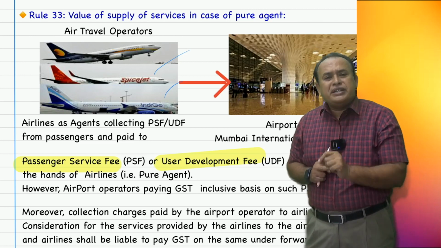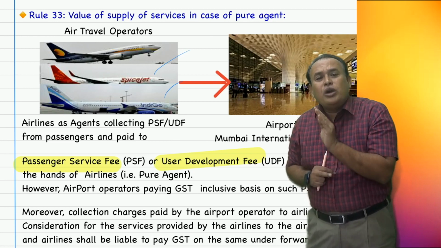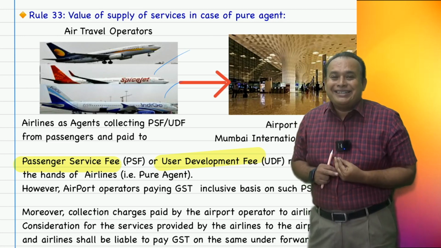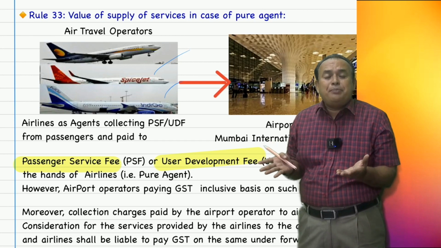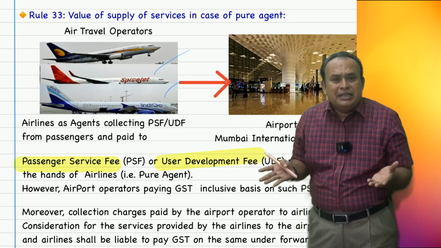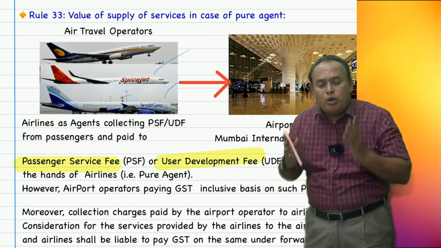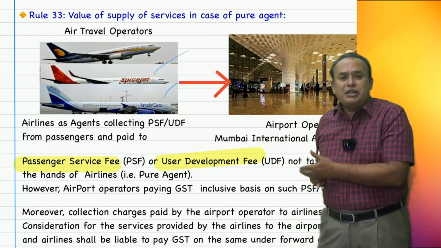On what value will the air travel operator charge GST? Only on 10,000. This 150 rupees they collect from the passenger is acting as a pure agent expenditure. This particular amount is owned by the airport operator, Mumbai International Airport Limited.